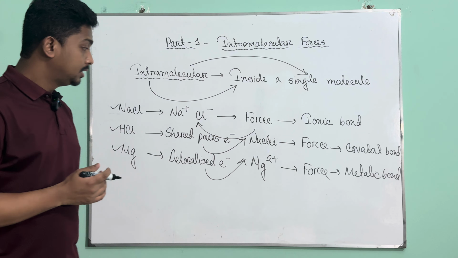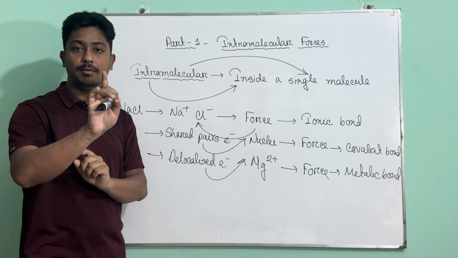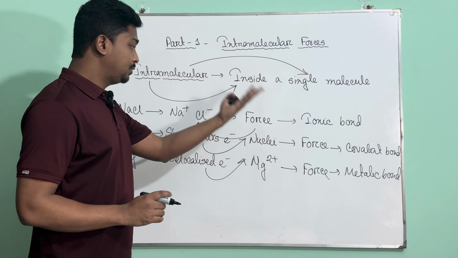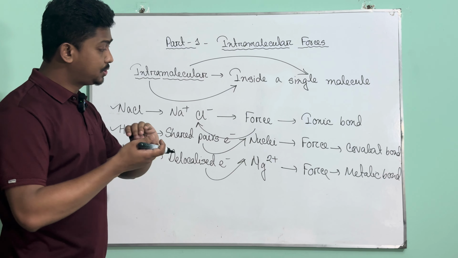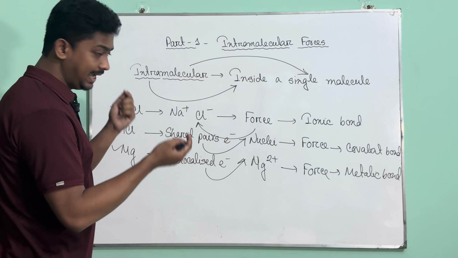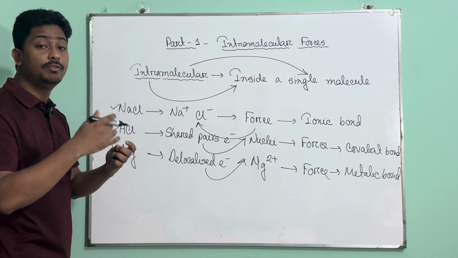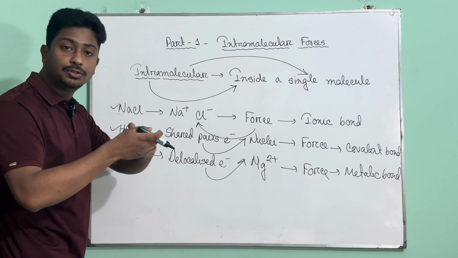Okay, that's it. Let's do a recap. First of all, intramolecular means inside a single molecule. In an ionic compound we have ionic bonds, where positive cations and negative anions are attracted to each other by electrostatic forces inside sodium chloride. Inside hydrochloric acid, which is a covalent compound, we have covalent bonds: shared pairs of electrons attracted to the nuclei.